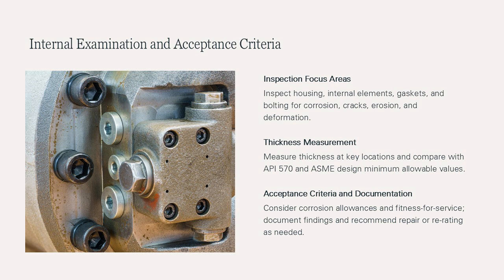Internal components such as baskets or cartridges should be checked for damage, plugging, or collapse. Acceptance criteria must consider corrosion allowances, remaining life, and fitness for service principles. Any findings outside acceptable limits should be clearly documented, with recommendations for repair, replacement, or re-rating as appropriate.